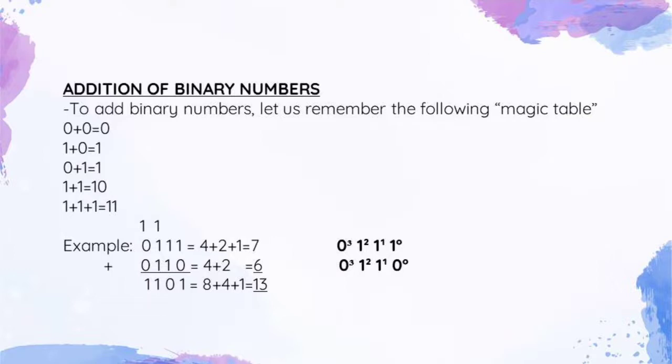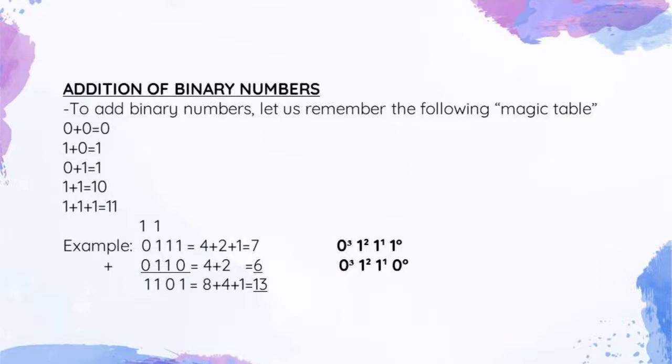To add that up, we have 4 plus 2 plus 1, which equals 7. So 0111 in decimal is 7.